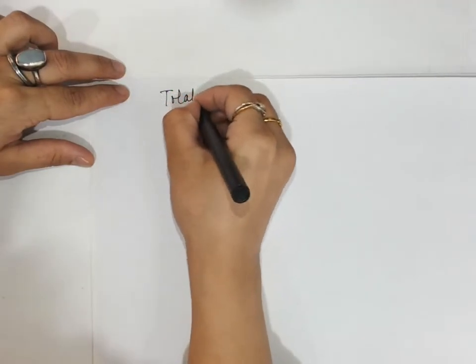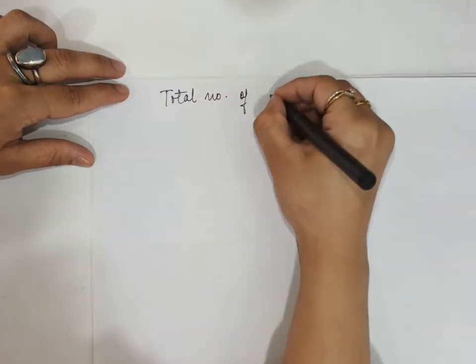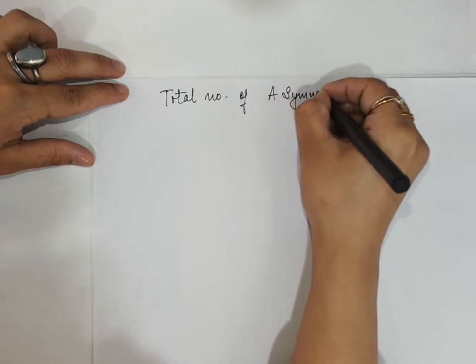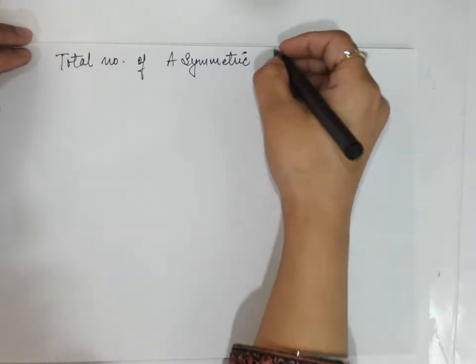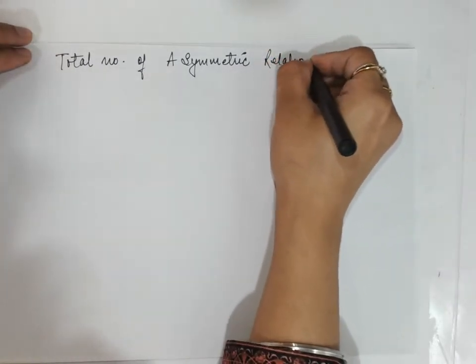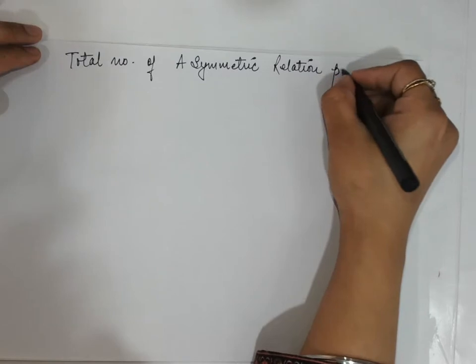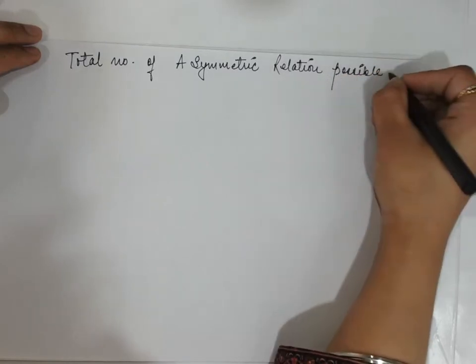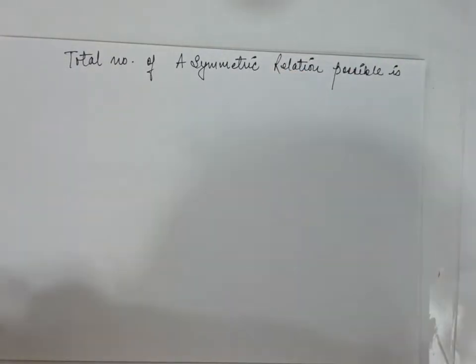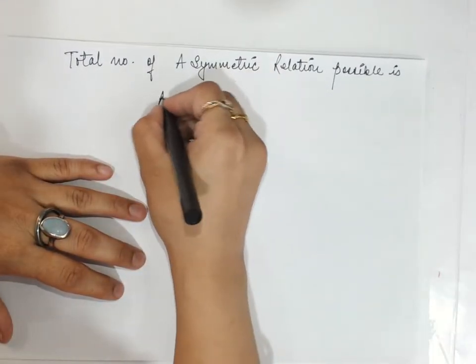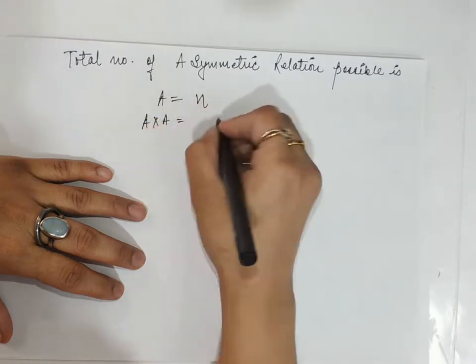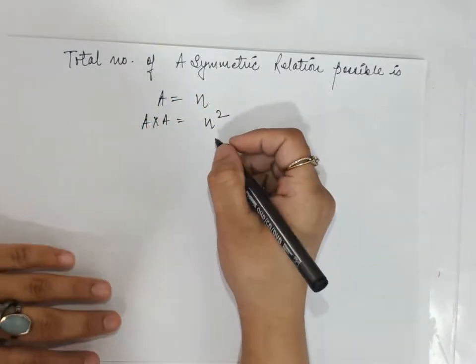Now the total number of asymmetric relations possible is, we have total number of elements n in a set. In A cross A we have n square number of elements.